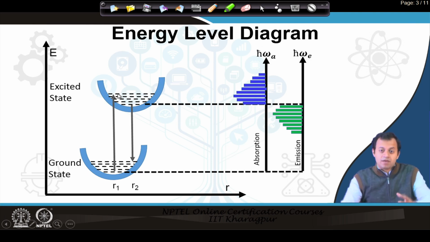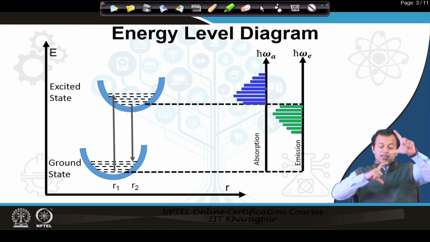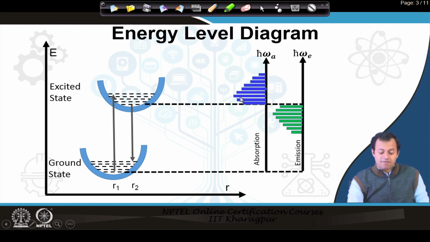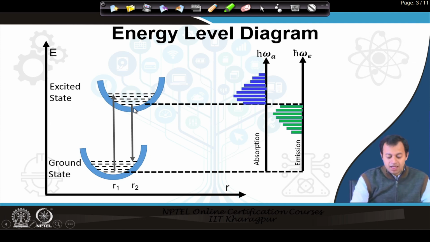Since you have a very thick band, depending on whether this electron is going here or here, different photons are getting absorbed. And quite similarly, when you have emission, depending on from which excited state sub-orbital the electron is falling onto the ground state sub-orbital, you get different values of emission.